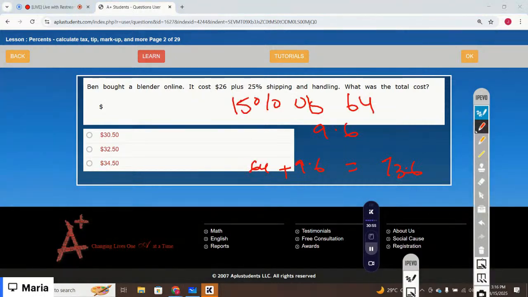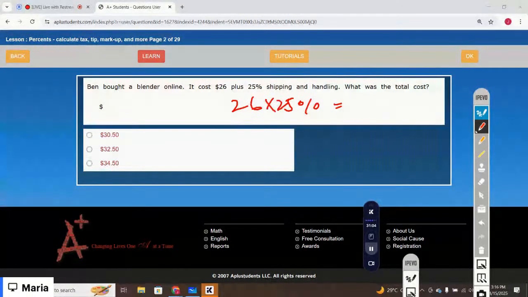25% shipping on 26. 26 times 25%, right? So that is 0.25 times 26. That is 6.5. So the shipping is 6.5 and the total cost is $26, that is the cost, plus 6.5.